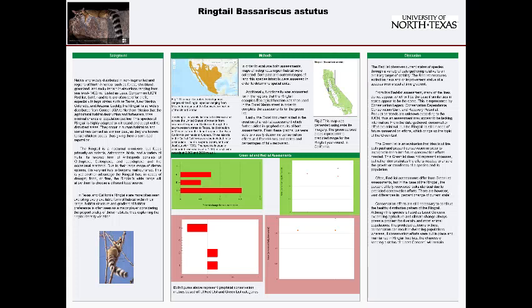In order to continue its status as least concern, I believe that conservation efforts in the next 10 years, the next 100 years, should definitely increase. It is currently in preservation areas, and I believe that adding more preservation areas in their local habitat would greatly benefit them.